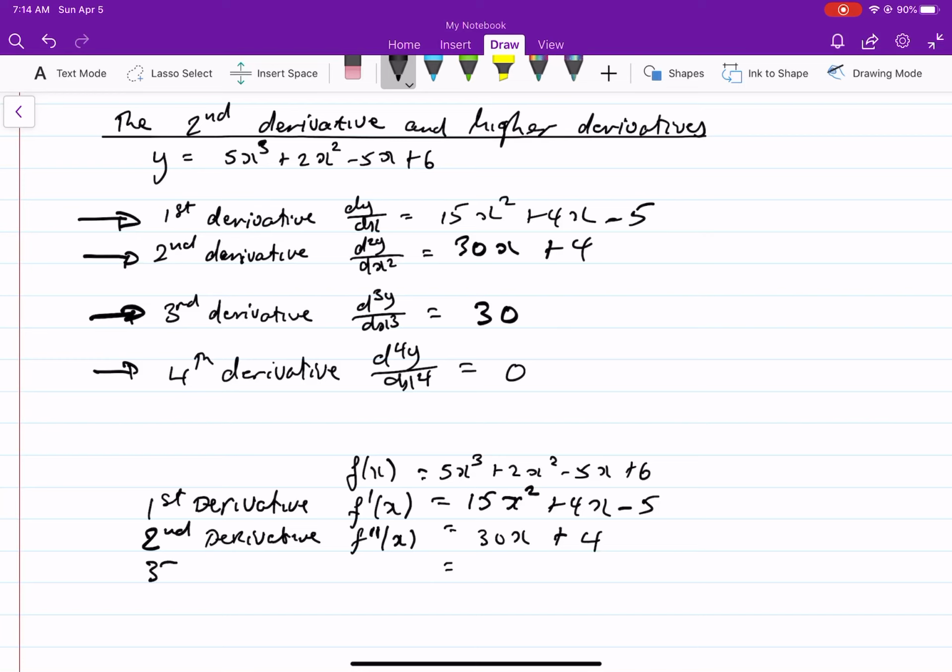Your third derivative, f triple prime of x, would be 30, and your fourth derivative, f quadruple prime, you're differentiating 4 times, would be 0.